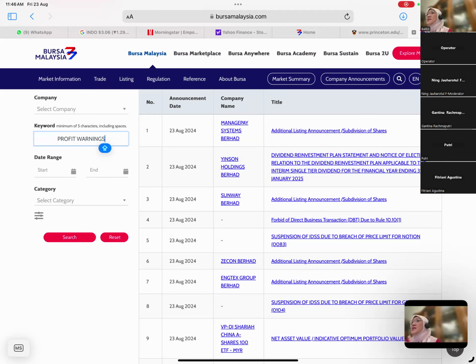If the forecast is negative, then we say that it is a bad profit warning. If it is good, it is positive, meaning that the profit warning is a good one. So profit warnings can be in numbers, or it can be a dummy variable 0, 1.